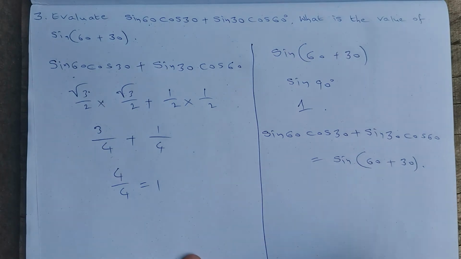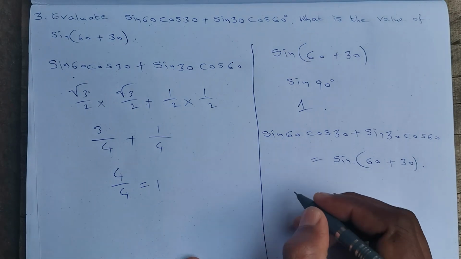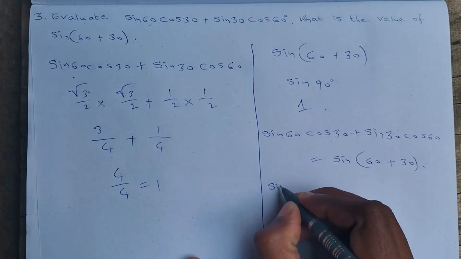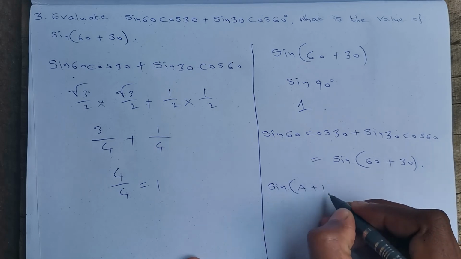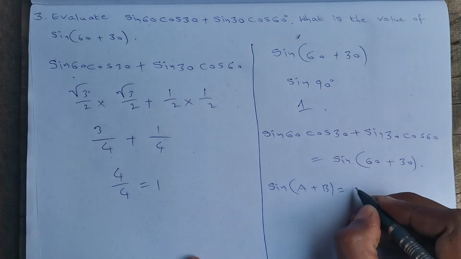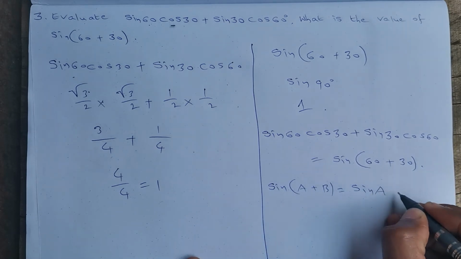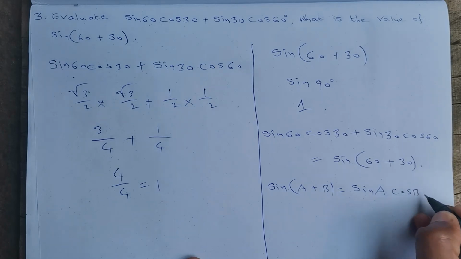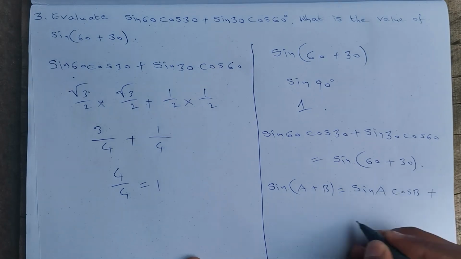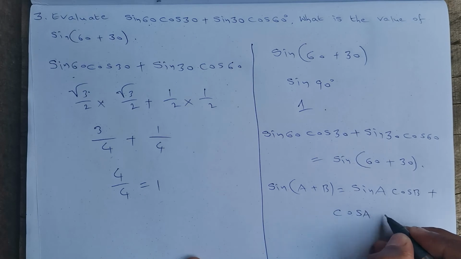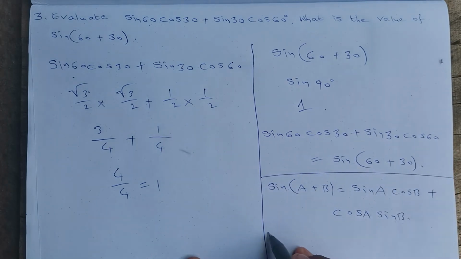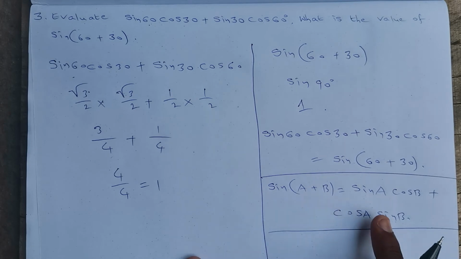So this only, if we keep it in A and B, sin of A plus B is equal to sin A cos B plus cos A sin B. This is the formula. Sin of A plus B is equal to sin A cos B plus cos A sin B.